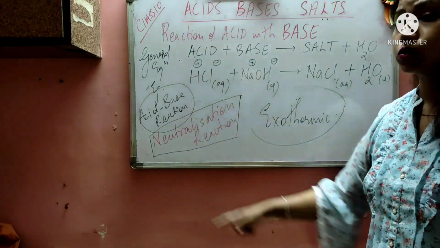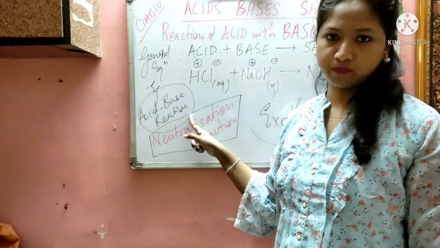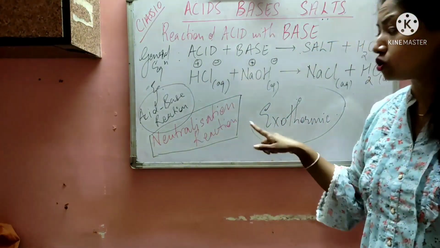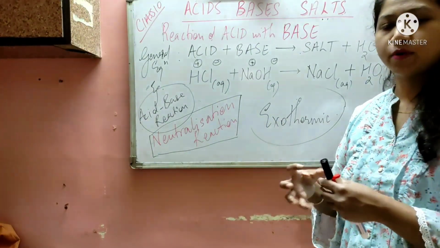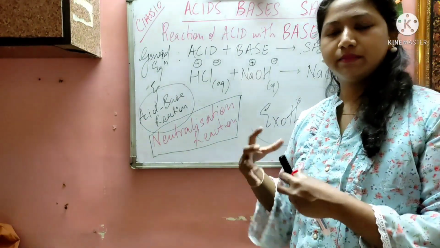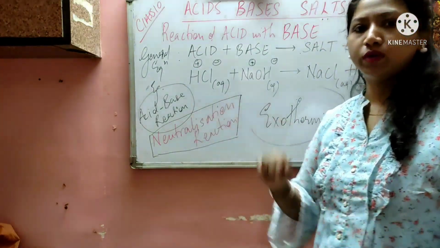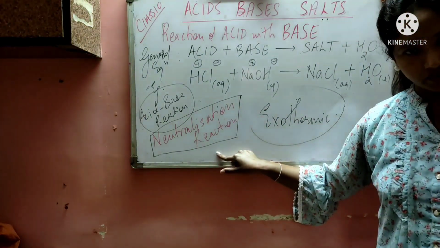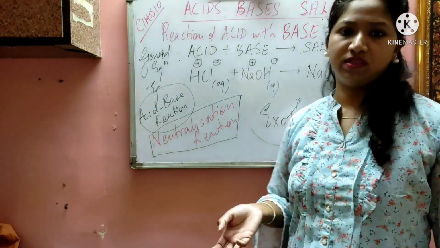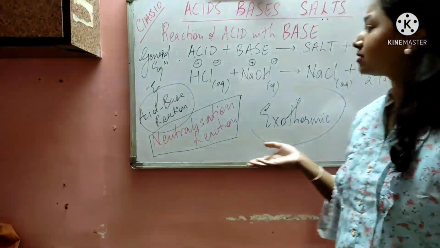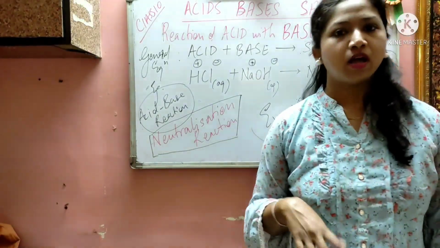This reaction is also called an acid-base reaction. It is also called a neutralization reaction, because the acidic and basic properties mix with each other and you form a neutral product. And it's also called an exothermic reaction because heat is given out in the reaction. Understood?